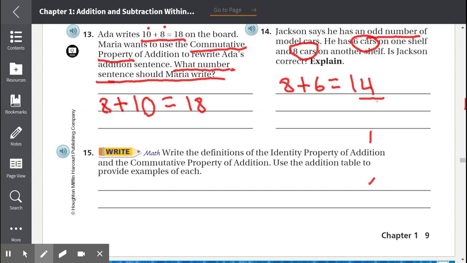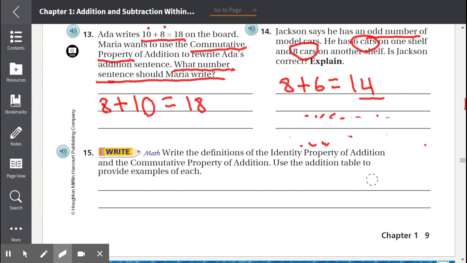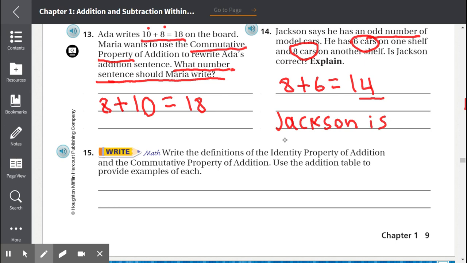So that means Jackson is incorrect. Jackson was wrong.